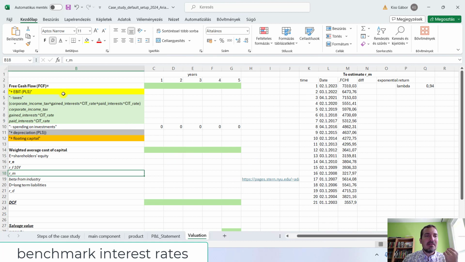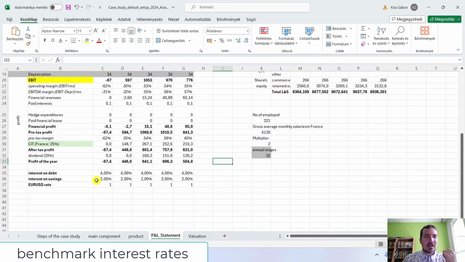That's why we will calibrate a discounted cash flow model. But to do that, at first we have to calibrate the interest rates. First of all, we need interest on debt.